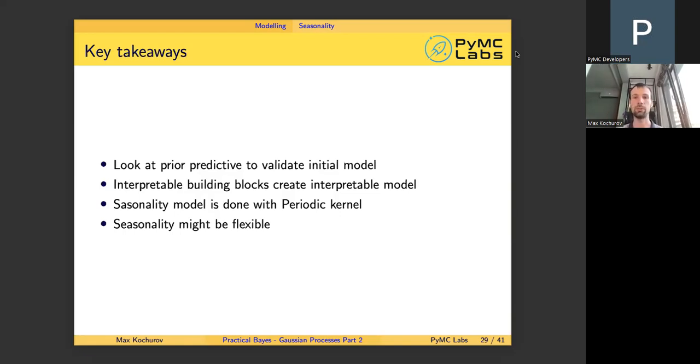It is done with a combination of periodic kernel and exponential kernel. And in order to add this additional complexity, we first worked out the linear part of the Gaussian process, so the mean function.